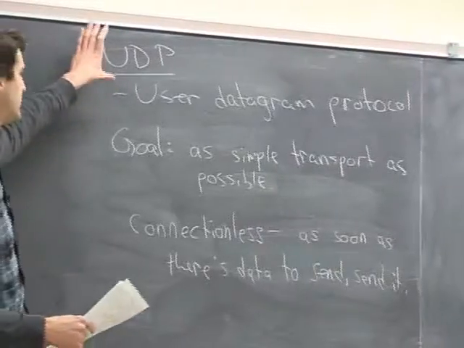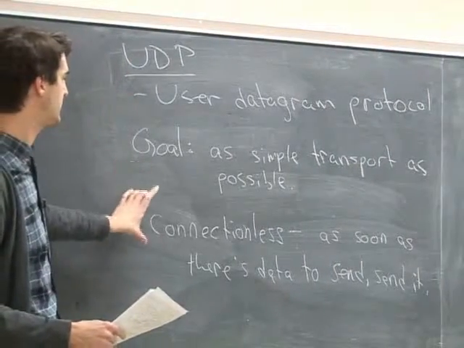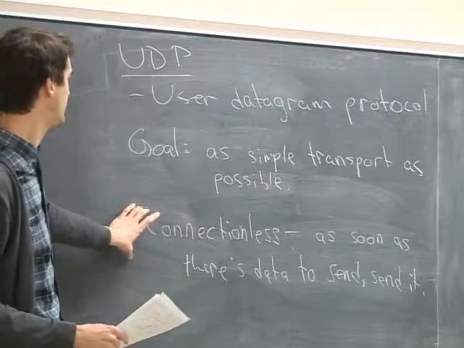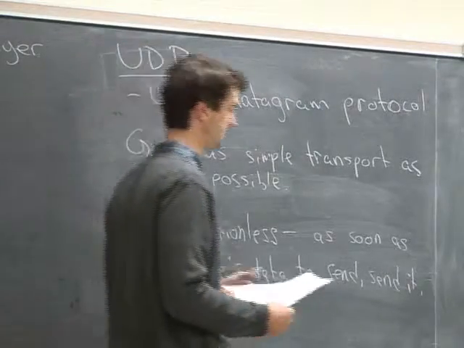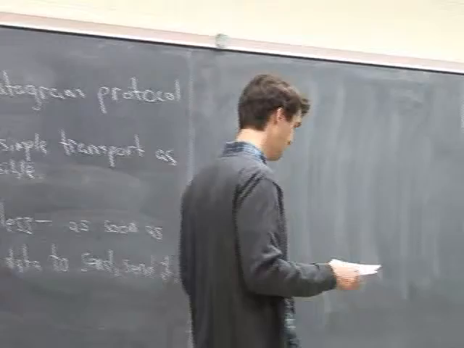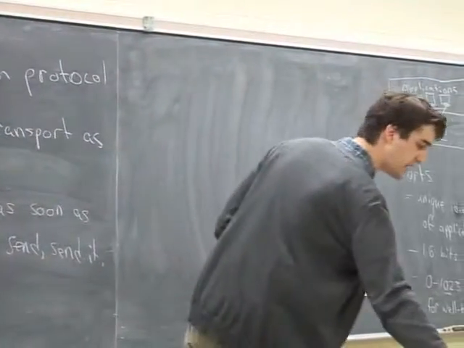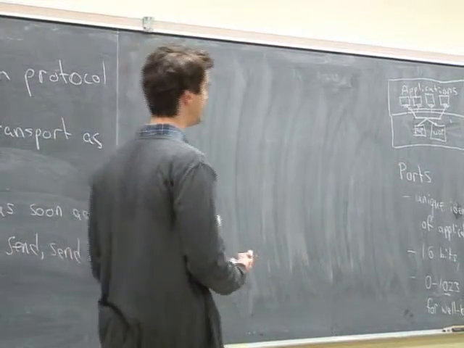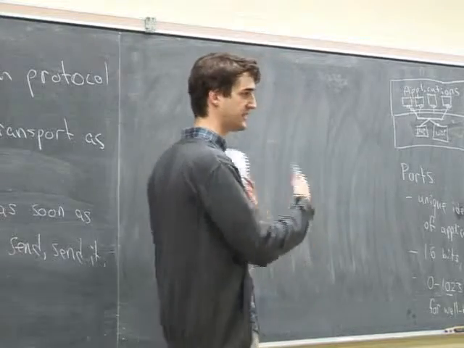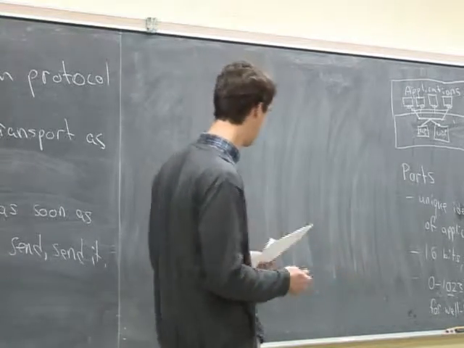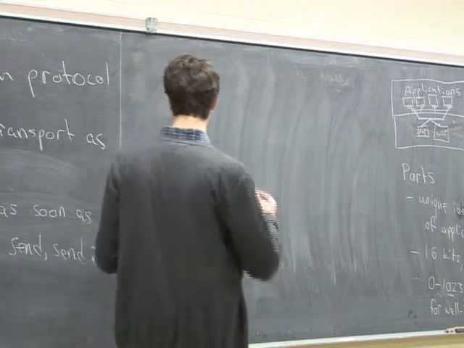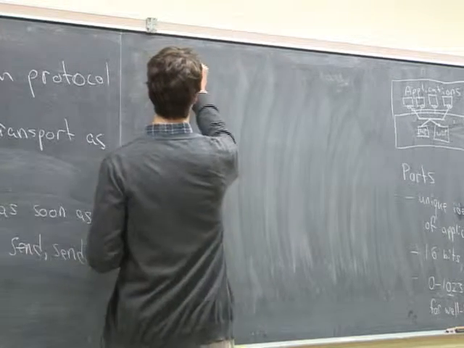All right, so far we've talked about how UDP is this connectionless protocol, and its goal is to provide transport but be as simple as possible. So now I talked about how the transport layer adds a header onto each segment to indicate where it's going and where it's from. So let's look at what the UDP header looks like.